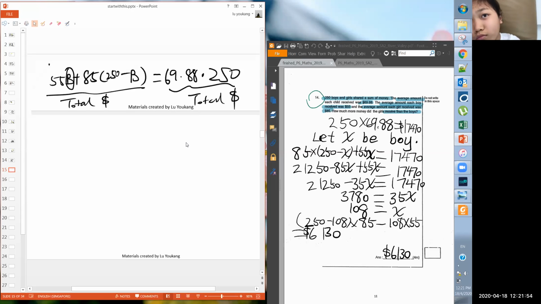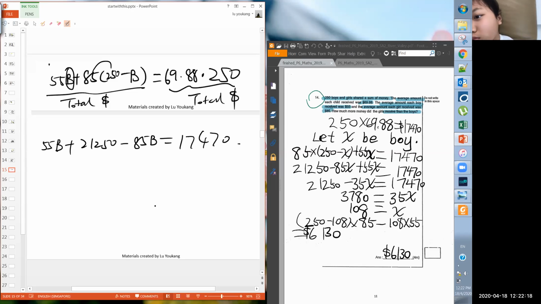Okay. So let me quickly use my calculator. 85 times 250 is 21250. So 55B plus 21250 minus 85B is equal to 69.88 times 250, which is 17470.